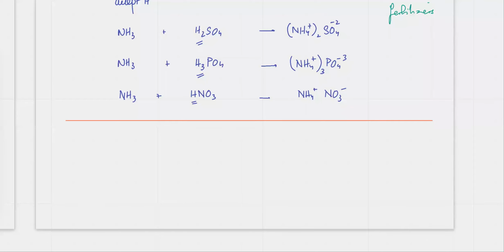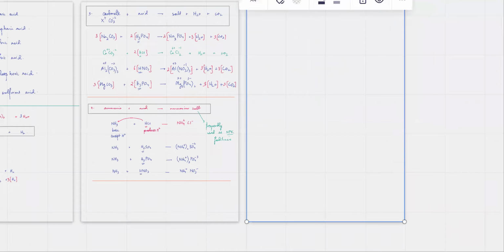Now the next reaction, the 5th one that we're going to do, what was reaction number 5? It was an ammonium salt that would react with a base, most likely a metal oxide or a hydroxide.